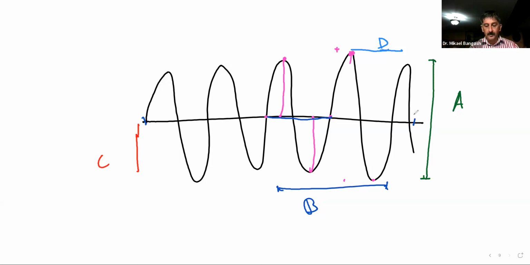So none of these options actually represent B. Or we can say B is equal to nothing. It may cover, say, 2 cycles or 3 cycles. Is that clear?